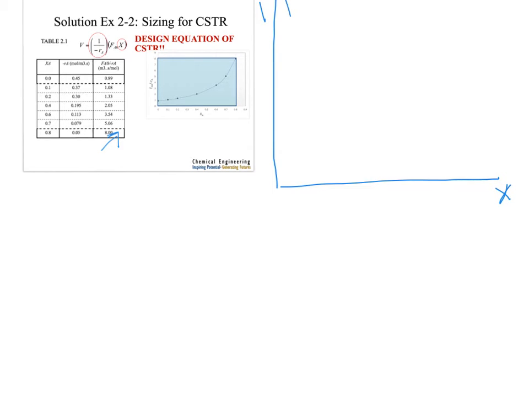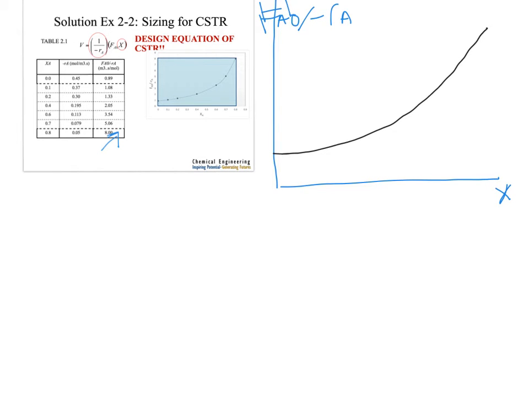Y is FA naught over minus RA. Let's say your plot looks like this.